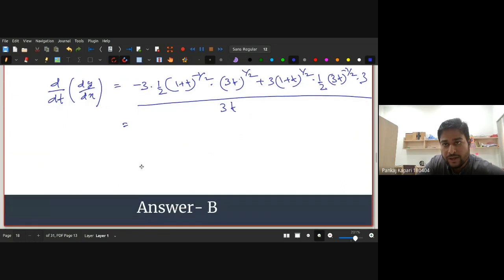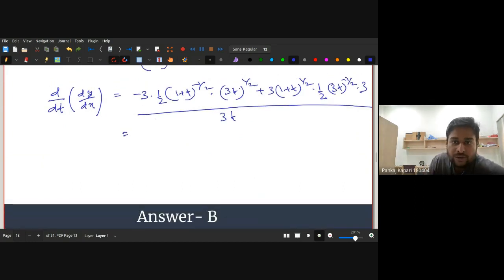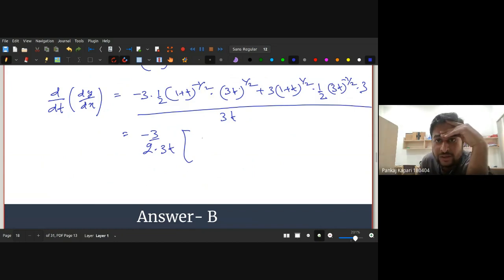Now we have to simplify this. You can see that we can take 3 by 2 common, and let's take minus 3 also common, and in the denominator we will have 3t.